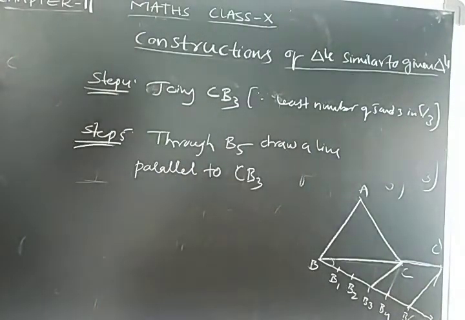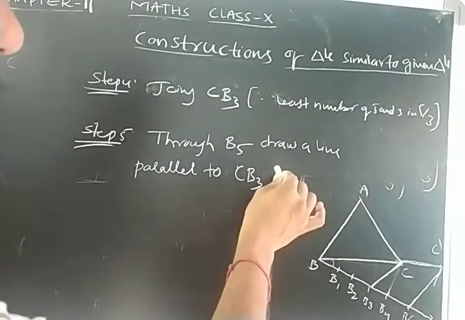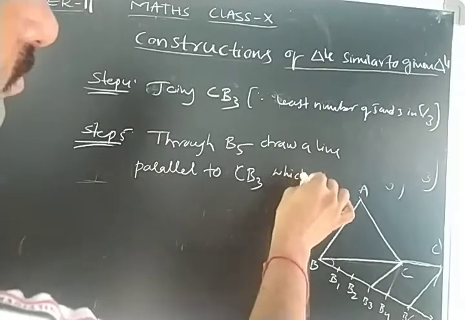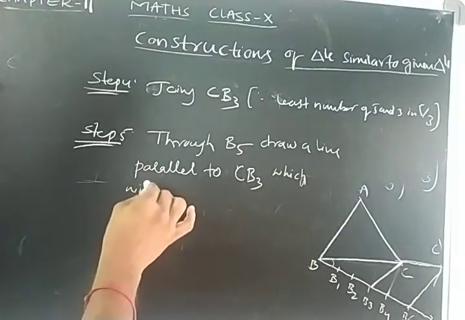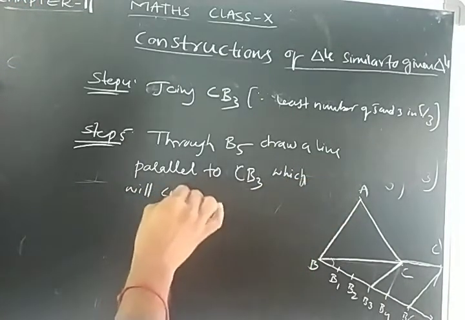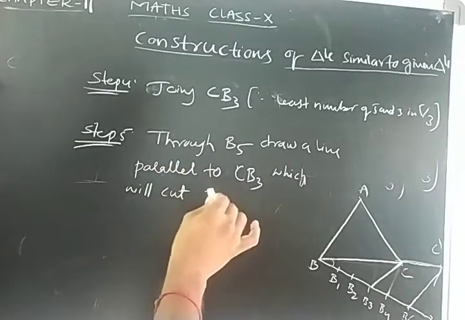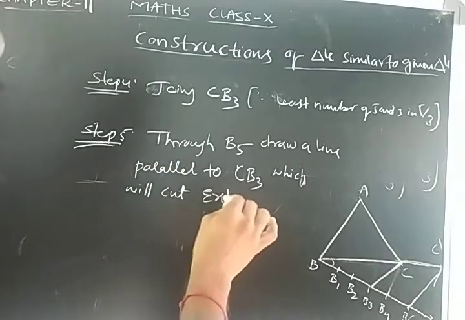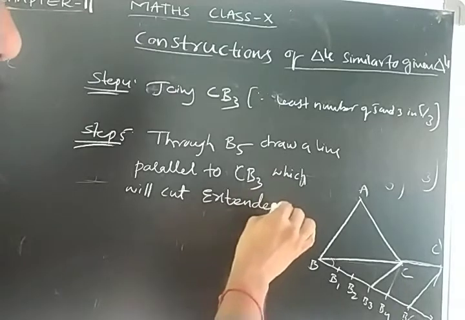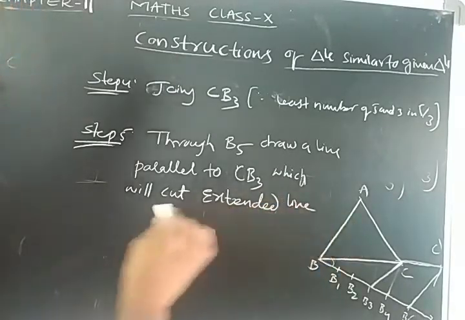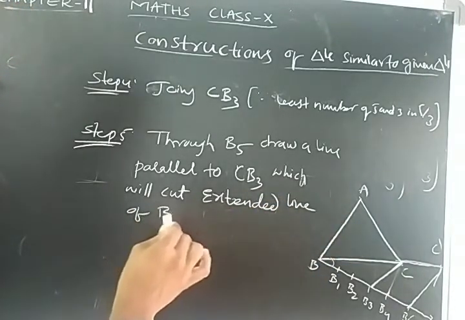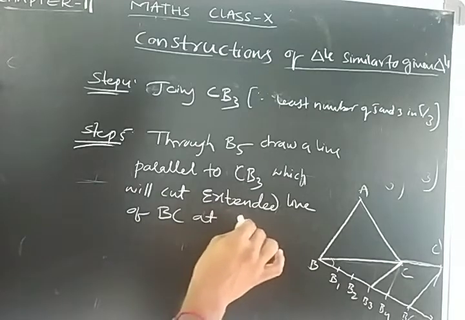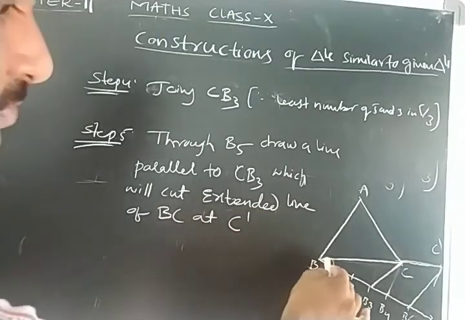So through B5, draw a line parallel to CB3, which will cut the extended line of BC at C dash. See here, this is the line BC.